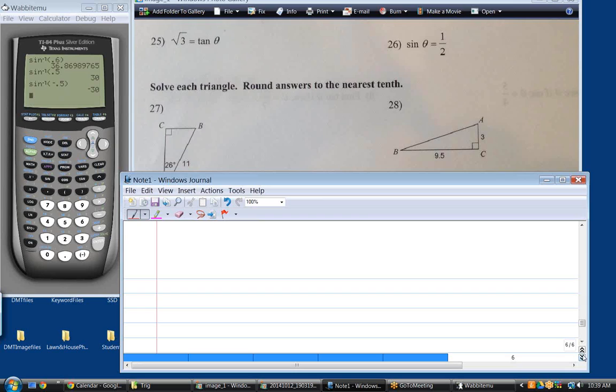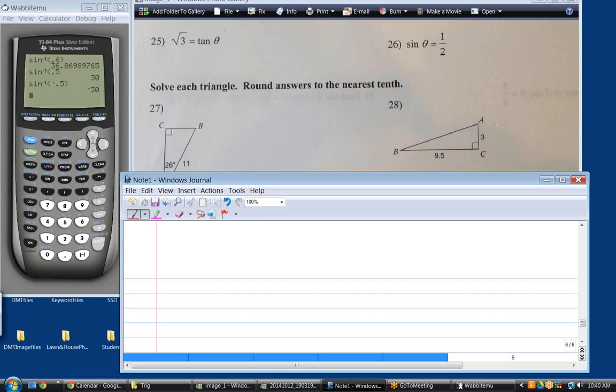Now, let's solve this whole triangle using just trig. So, how can I figure out what angle B is? What equation? Always begin your trig equations with the trig function. Don't ever start with 3 divided by 9.5 equals something.